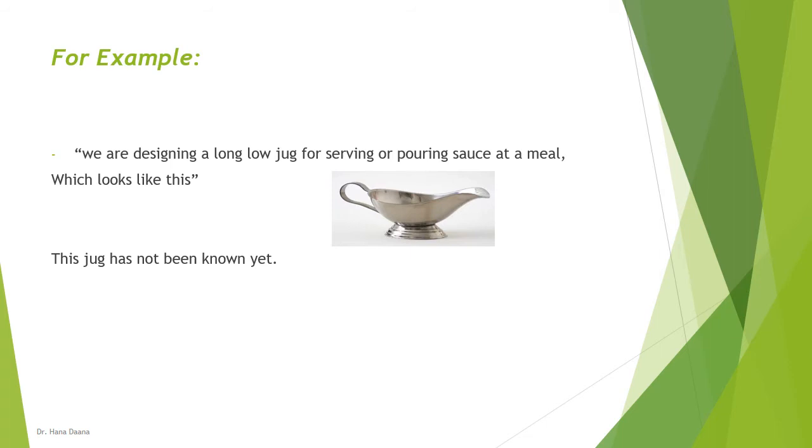They would use the long low jug for serving or pouring sauce at a meal. But after a while, this thing becomes labeled as a sauce boat, of course by virtue of its shape as well as its function.